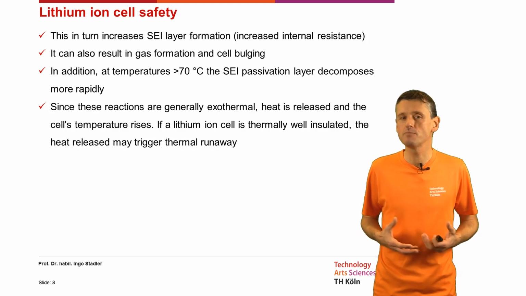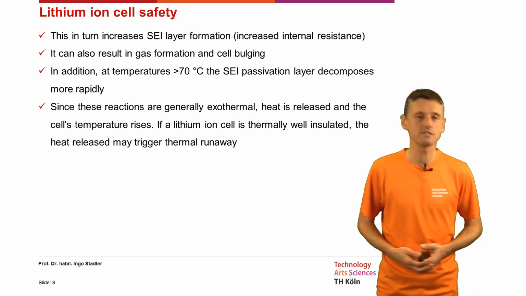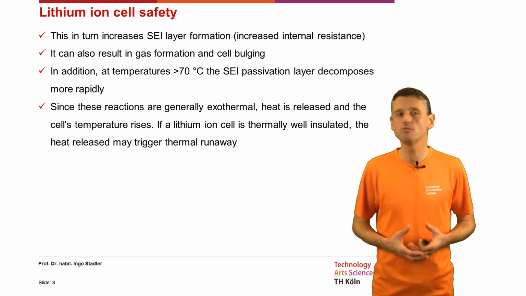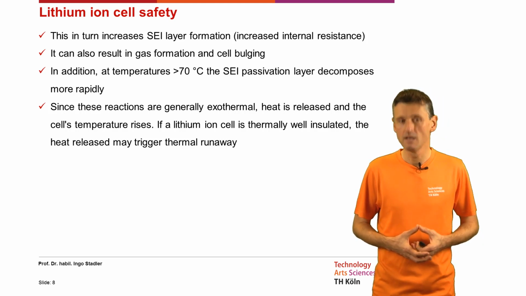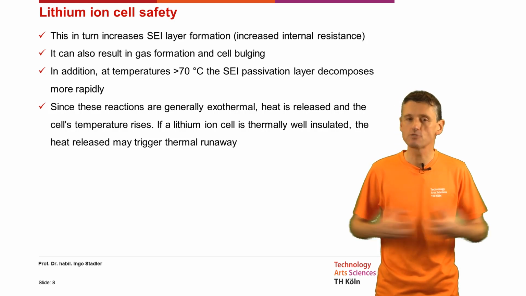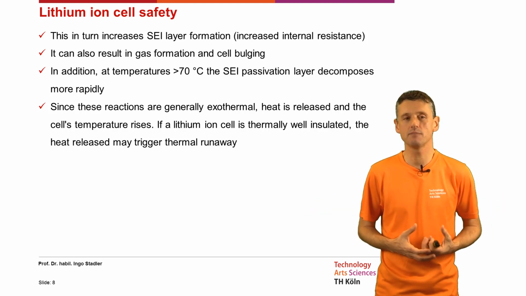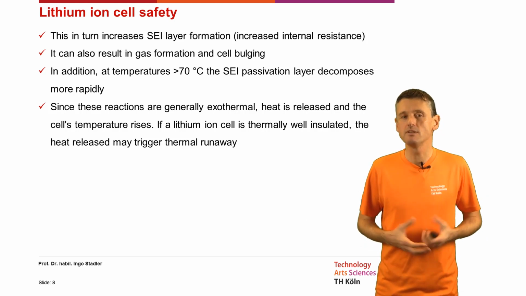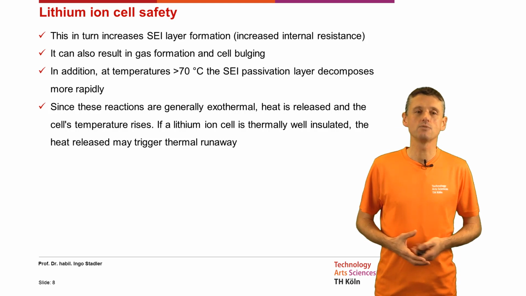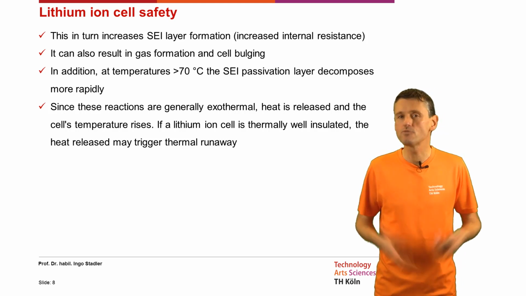In addition, at temperatures above 70 degrees Celsius, the SEI passivation layer decomposes more rapidly. Since these reactions are generally exothermic, heat is released and the cell temperature rises. If a lithium-ion cell is thermally well insulated, the heat released may trigger thermal runaway.